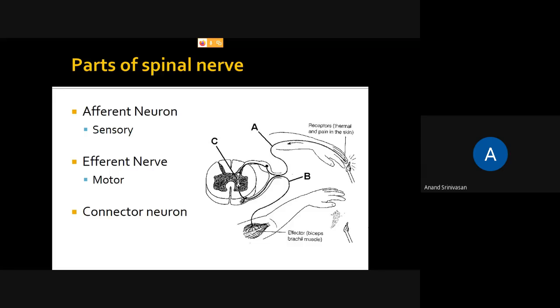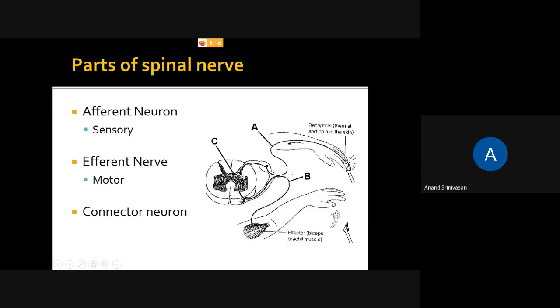All this takes place in microseconds, very fast, even before we recognize it. So this is the pathway. Now inside the spinal cord, there is C, which is the connector neuron. The connector neuron is the neuron which processes the information.